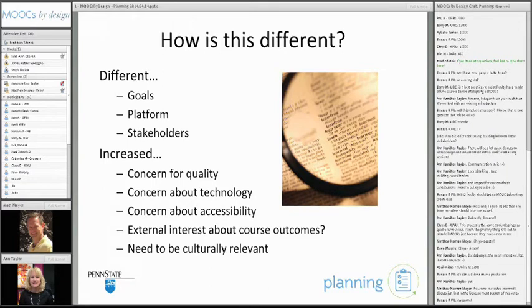They need to understand that teaching and learning online is not new. And even MOOCs are not new. They've gotten a lot of attention in the last couple years, but there are a lot of best practices for teaching and learning at a distance in general, online in specific, and online at scale even more specifically, that we already know.